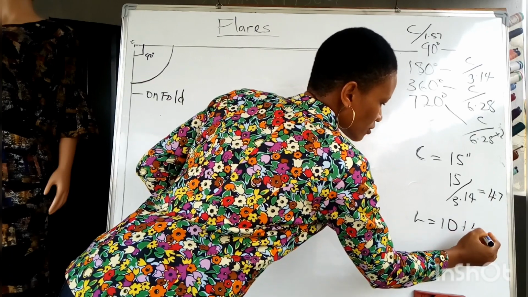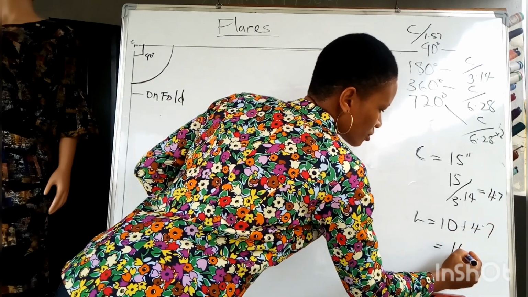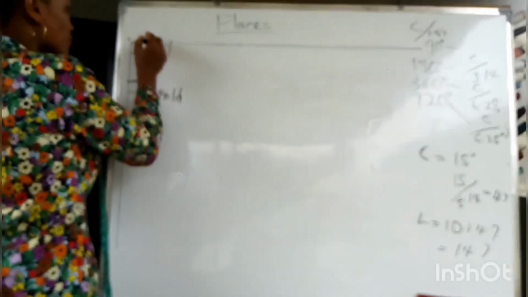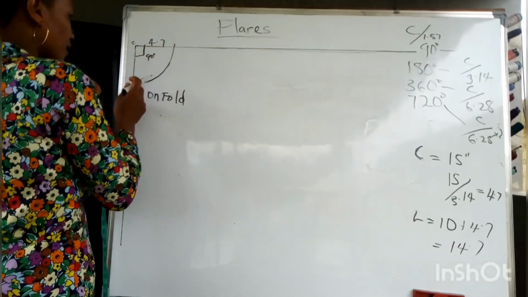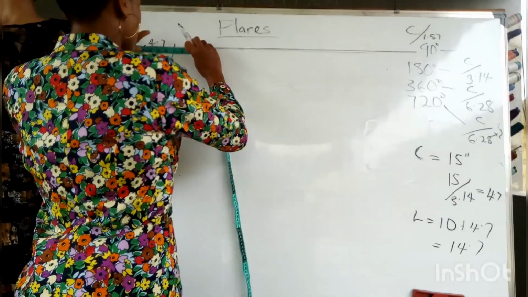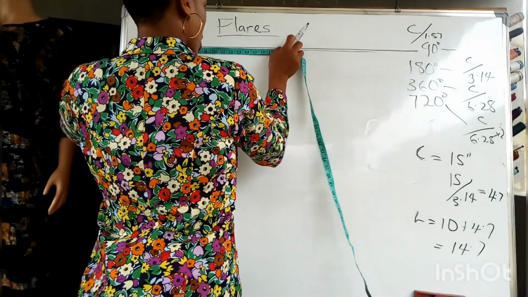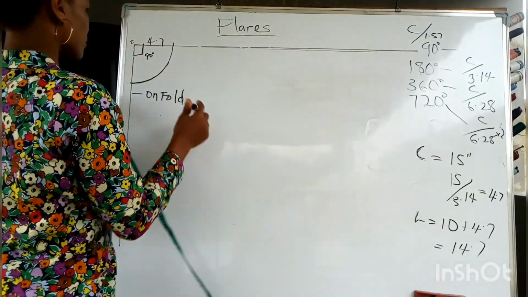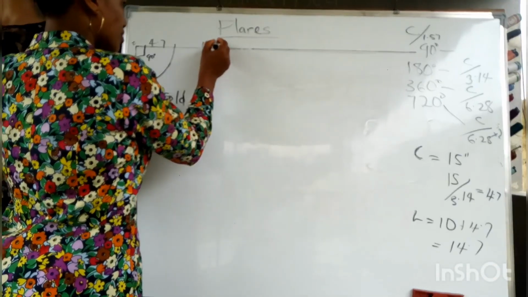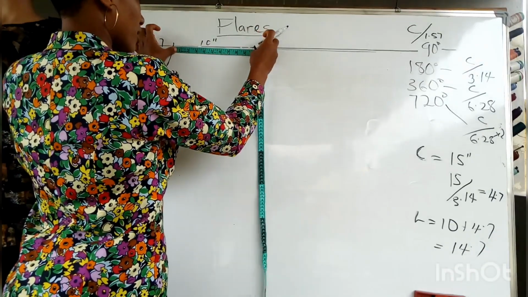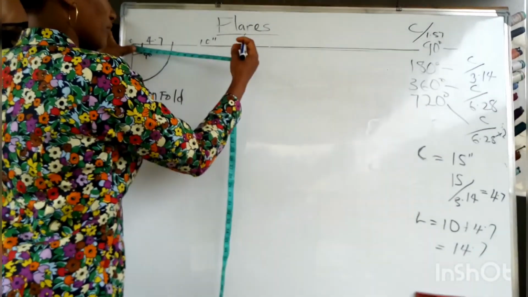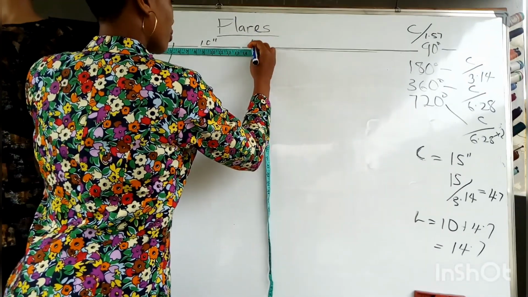Then the 10 inches plus the 4.7 inches is going to give us 14.7 inches. Then you need to calculate the same way, placing your tape from the 0 point to 14.7 inches. Mark it round. When you have marked your second round, make sure that you form an arc the same way you did the first arc.